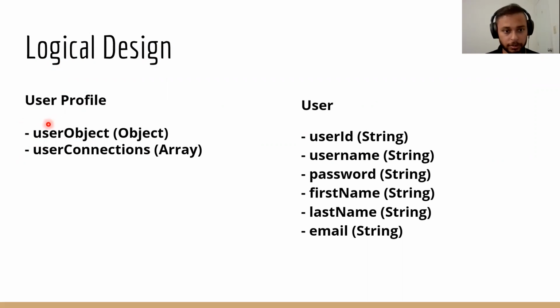It consists of a user object, which is an object data type, and user connections, which are in the form of arrays. Then the user entity has some string data types, which are user ID, username, password, first name, last name, and the email contact of the user. These are all string data types.